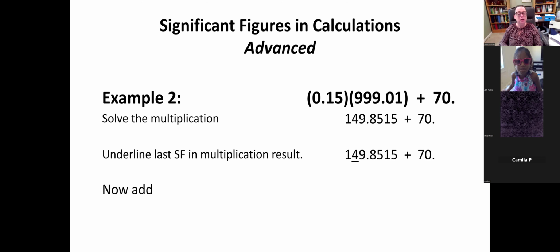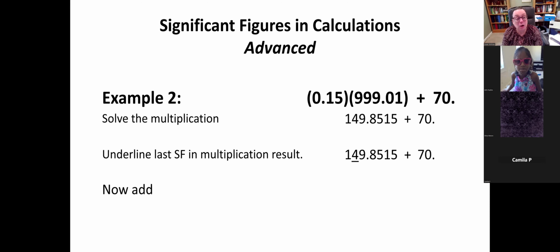So we really should have stopped after the 4. That should have been our last significant figure. And if we were reporting this correctly, we would round it up and report it correctly. But for right now, because we're in the middle of a problem, we're just going to leave it there with all of its digits after it and just underline where we should have stopped.